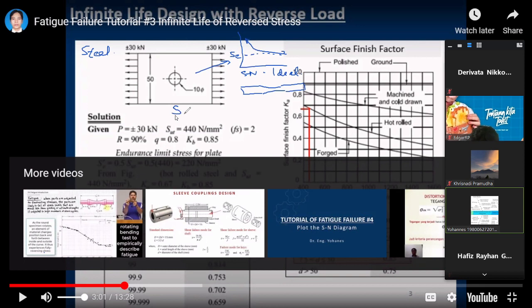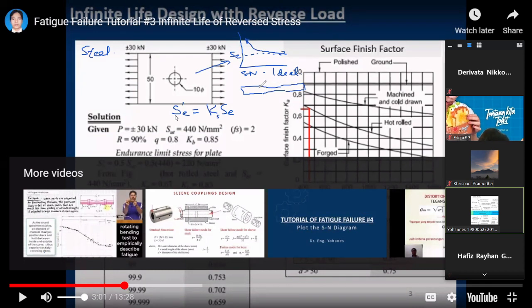So the endurance strength should be equal to the endurance strength obtained from the laboratory multiplied by the geometrical correction factor, or we call this the shape factor.